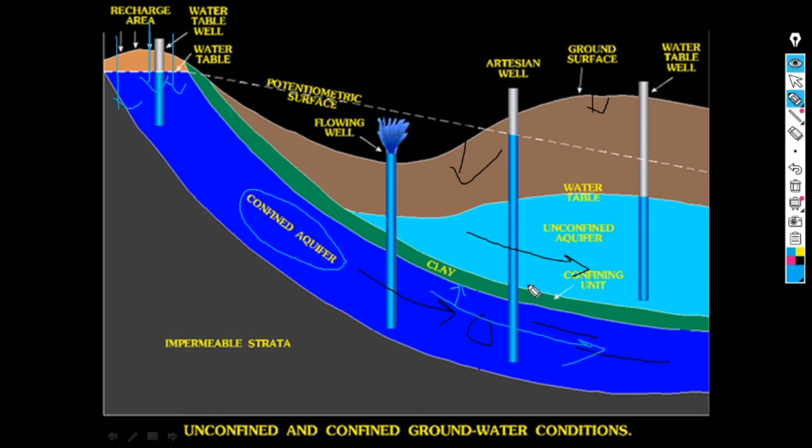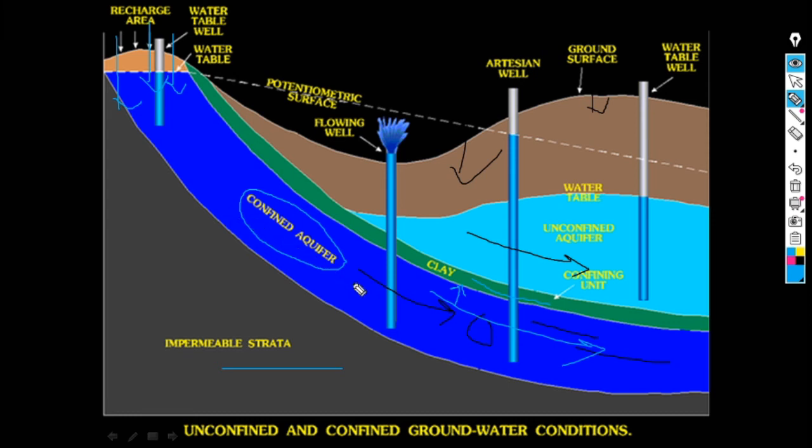Okay, as it is sandwiched between two confining strata. This is a confining strata which is impermeable formation, this is again a confining strata which is impermeable strata, and the aquifer beneath, sandwiched between these two types of confining units, is your confined aquifer.